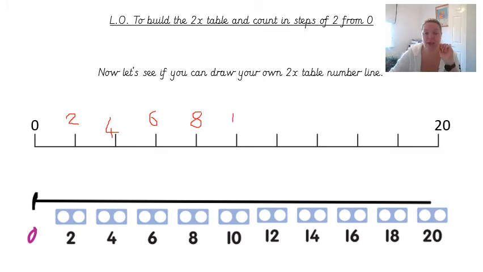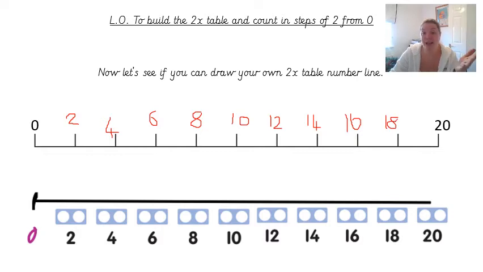Now it gets a little bit trickier after that because we haven't got enough fingers, but we can count on, can't we? 10, 11, 12. 12 in your head, 13, 14. 14, add 2 more, 15, 16. 16 in your head, 17, 18.